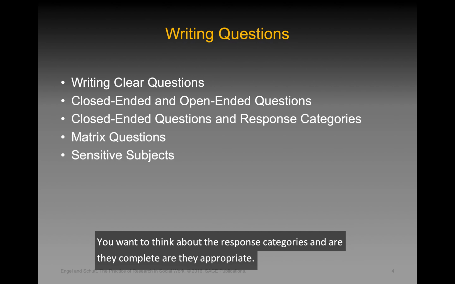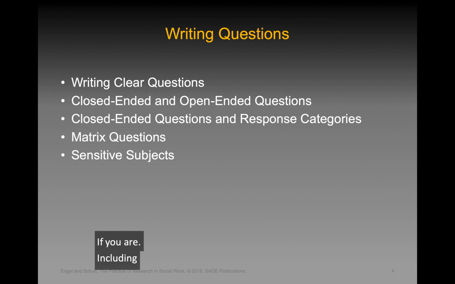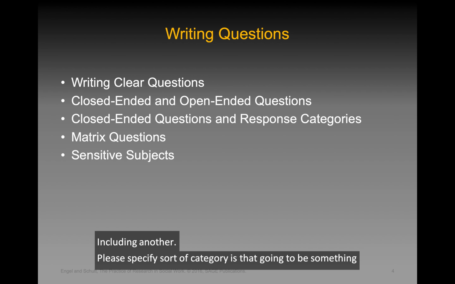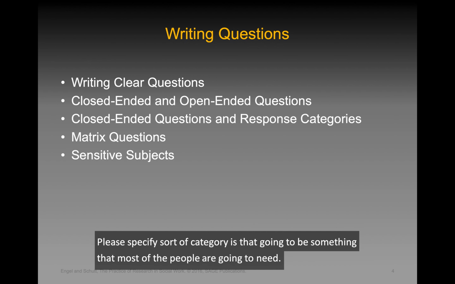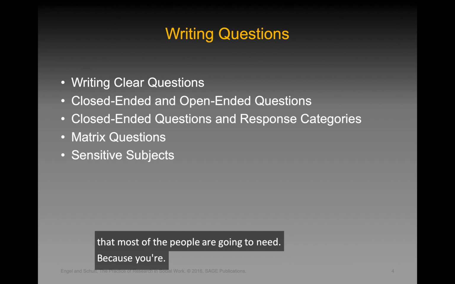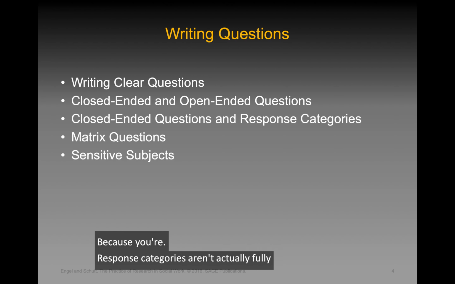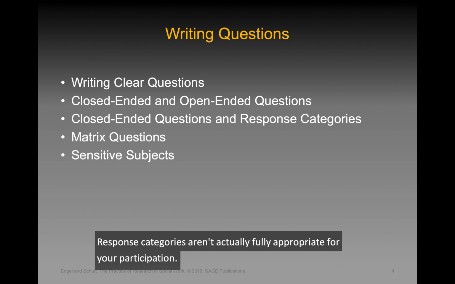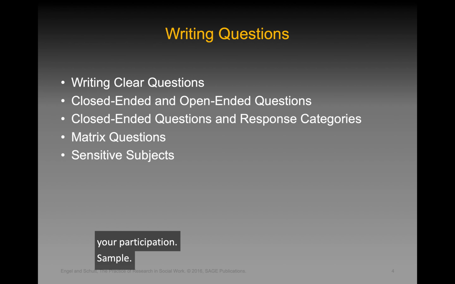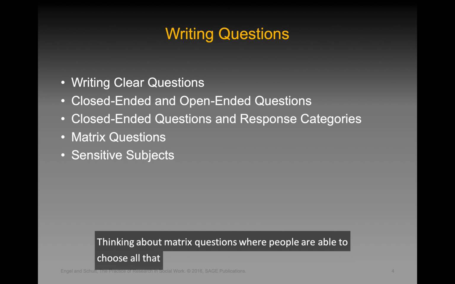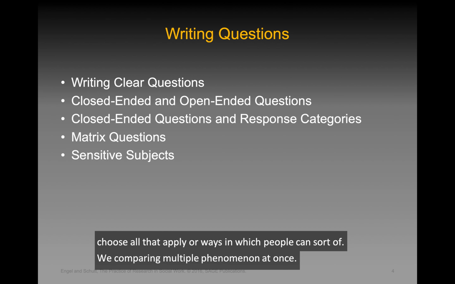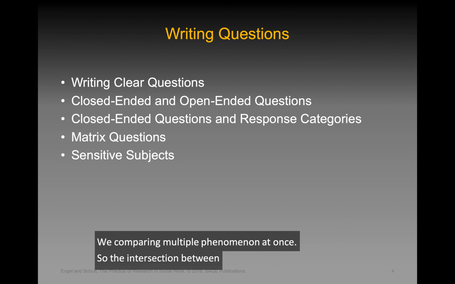If you are including an 'other, please specify' category, is that something most of the people are going to need because your response categories aren't fully appropriate for your participant sample? Think about matrix questions where people are able to choose all that apply, or ways in which people can compare multiple phenomena at once, so the intersection between two different issues.